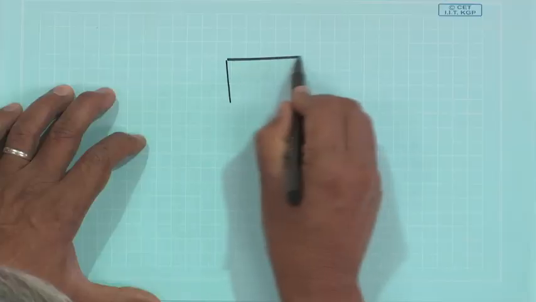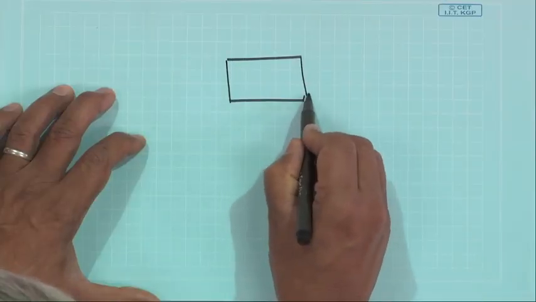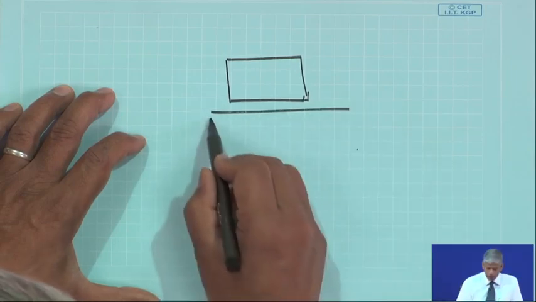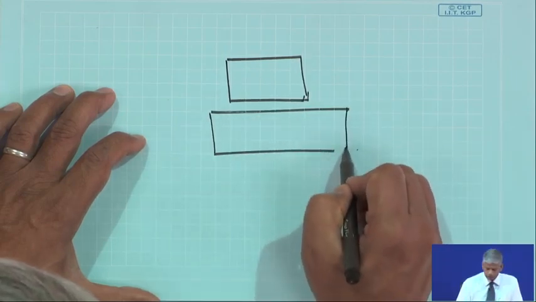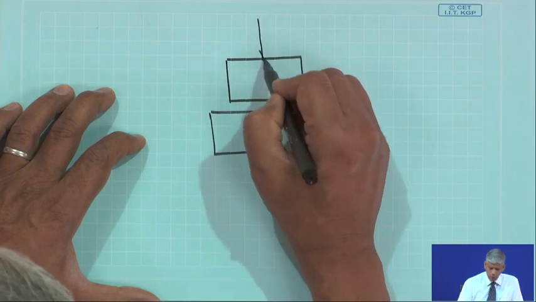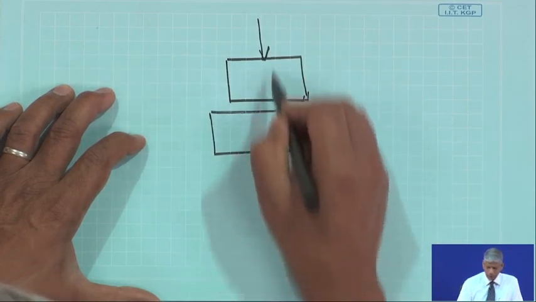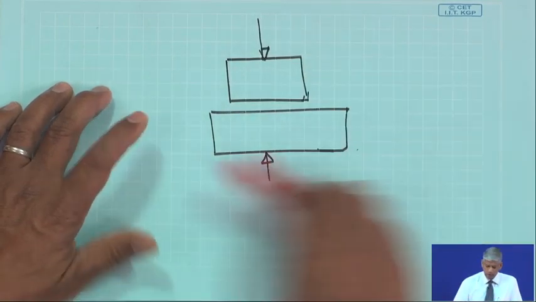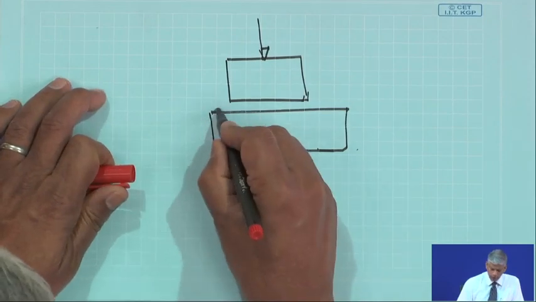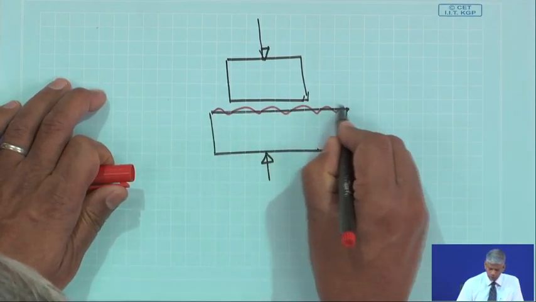So, what happens? You will all realize that when we are talking about machines, maybe two members are coming in contact with each other, but these surfaces are really not smooth.